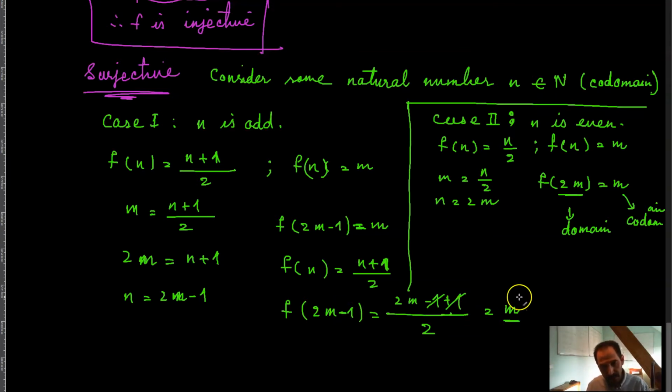So whatever the value of m, 2m minus 1 can exist in the domain of the function, which means that the function is surjective, meaning that every m will have some preimage in the domain of the function, and you have no problems.